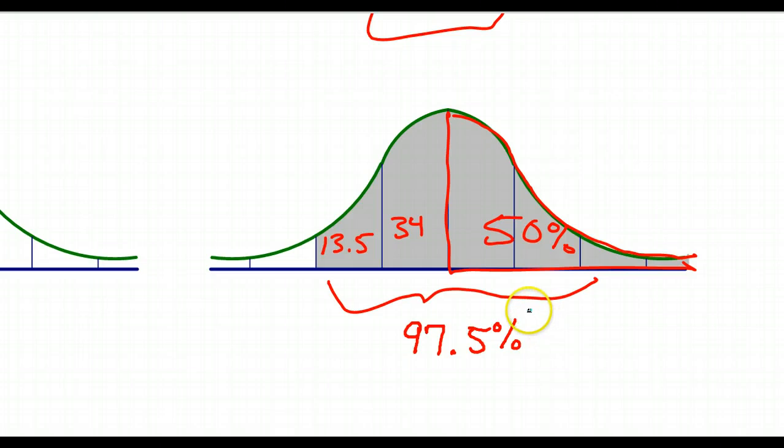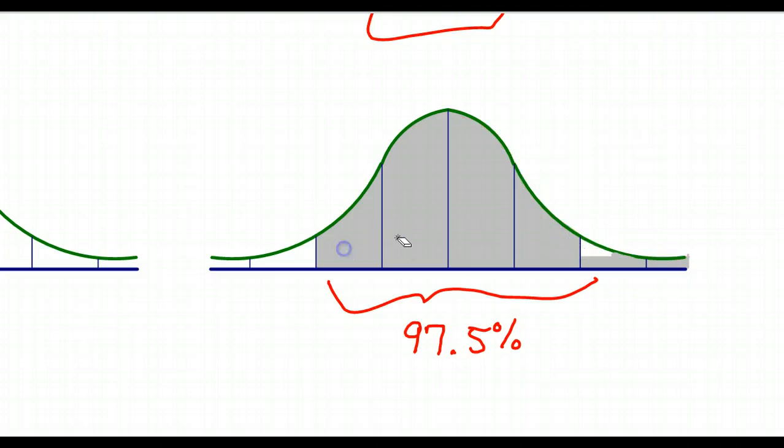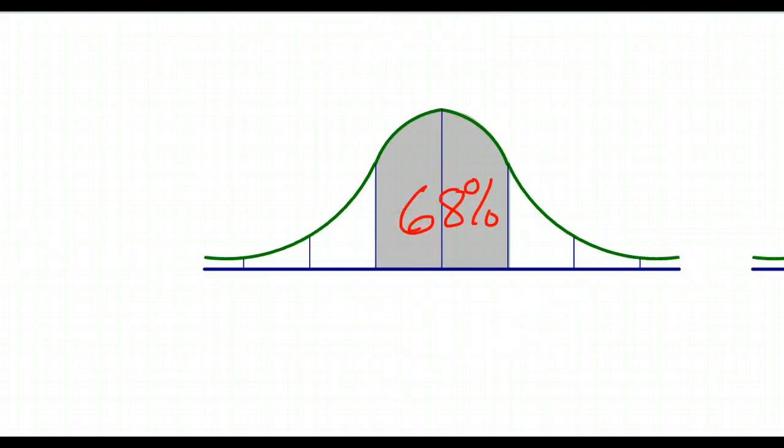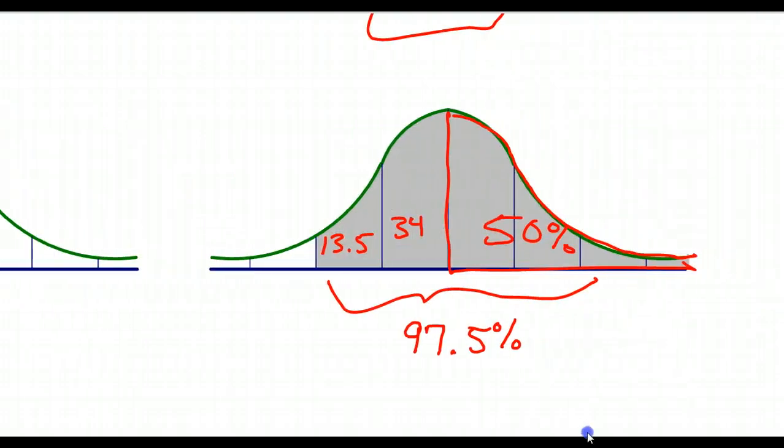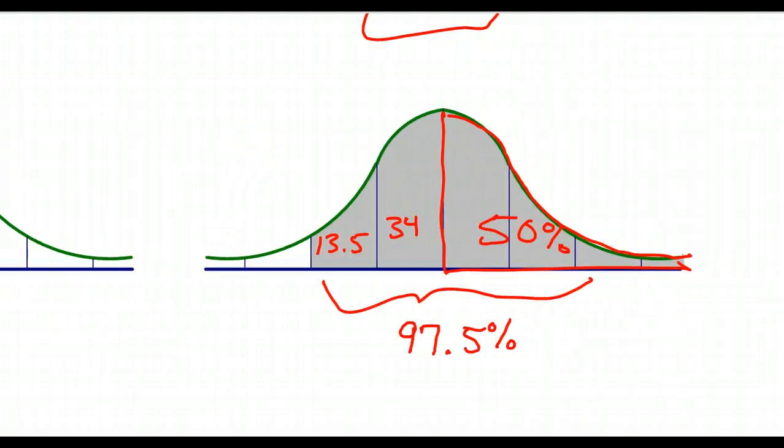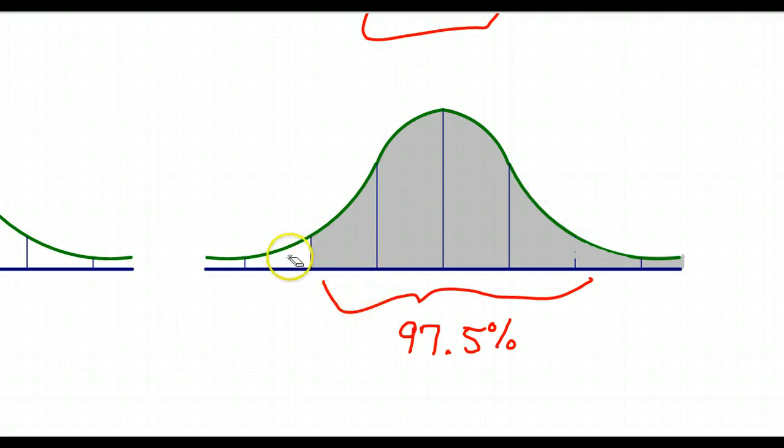So that is 97.5%. The other way you could have looked at it was this. You'll notice that this shaded stuff is almost the whole graph. It's not quite, but it's almost the whole graph. In fact, it is the whole graph except for this little piece on the end.